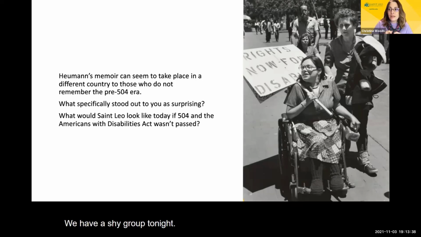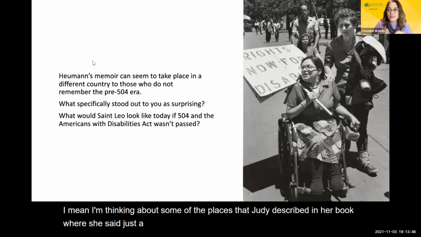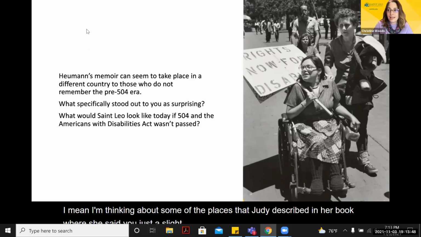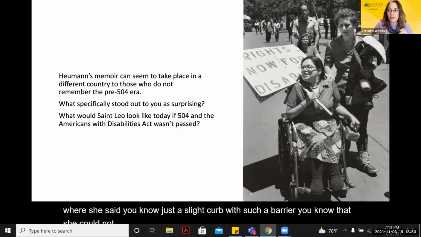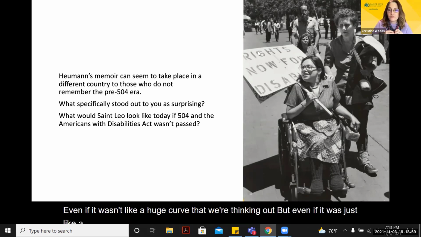I'm thinking about some of the places that Judy described in her book, where she said just a slight curb was such a barrier that she could not get over. Even if it wasn't a huge curb like we're thinking of, even a slightly raised surface, how hard it was for her to get up.